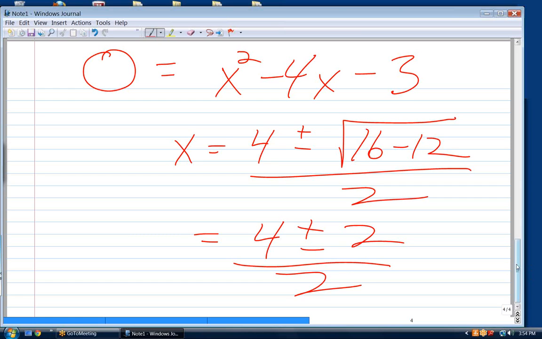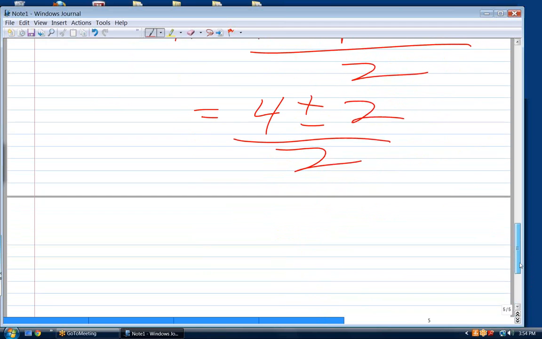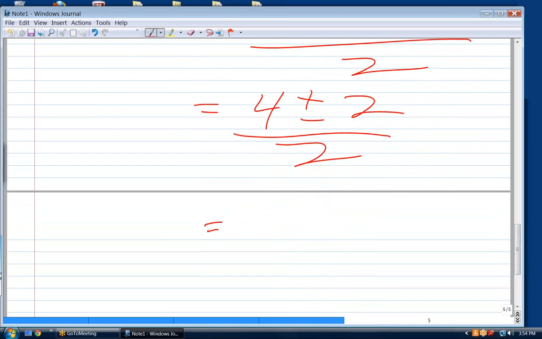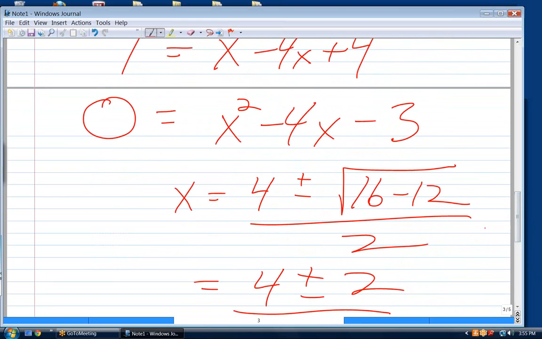Why did this not factor nicely? My question is, this should, because we get 3 and 1, which means it should have factored into x minus 3 and x minus 1.